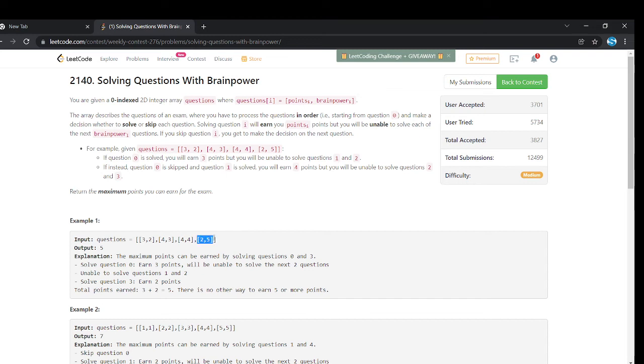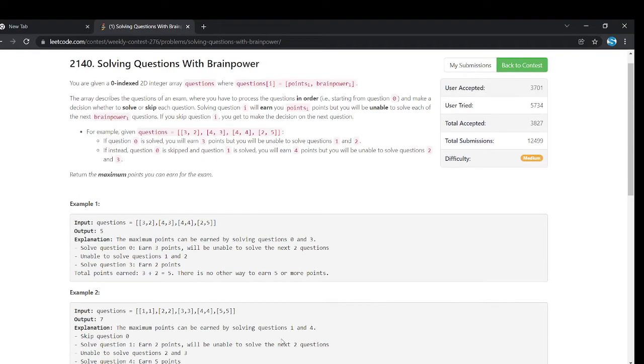As per this test case, there is only one question here, but what if there had been other questions, like after 2 comma 5 there would have been 6 comma 2, then 7 comma 8, like that. What would our answer have been then? In that case, we would have taken the maximum of all these, the maximum points that we could have achieved from all of them, and then added it here. That would have given us the maximum points that could be earned.